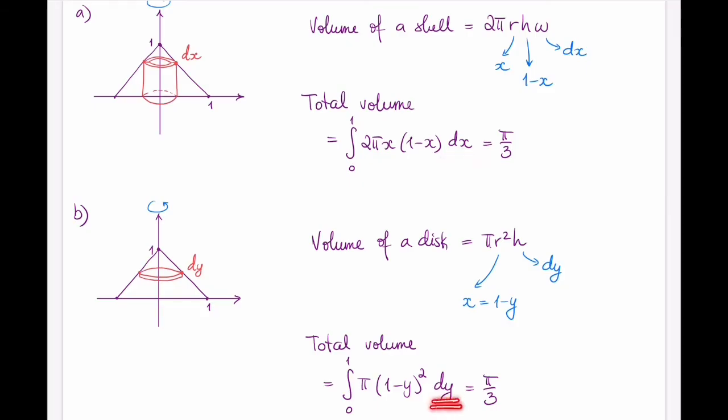The disks being rotated around the y-axis produce the integral in terms of y. The integral in this case sort of does not clearly involve the square until you multiply it out, whereas here I have an entire function squared. So integrals and the setup for the two methods will be different, but if of course you're computing the same volume, the final answer better be the same.